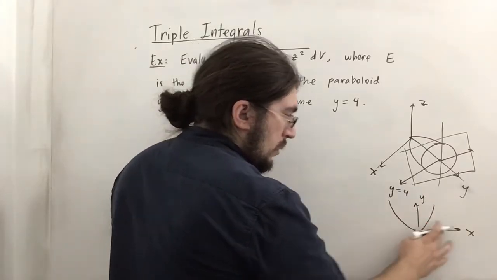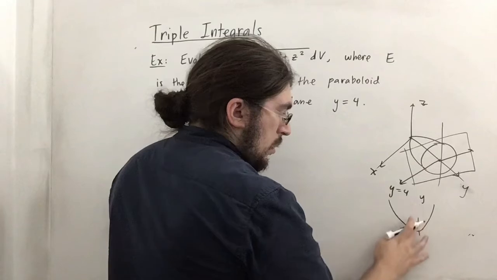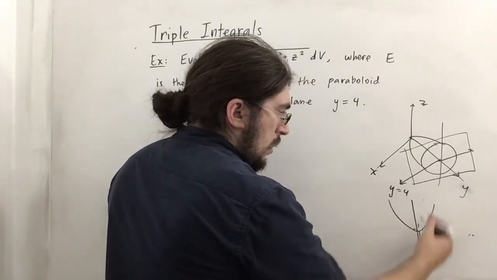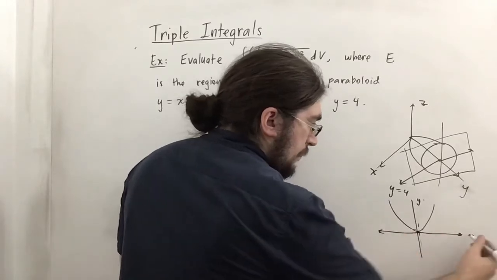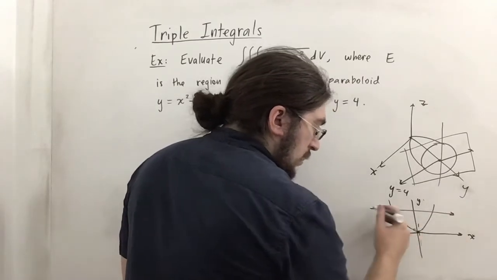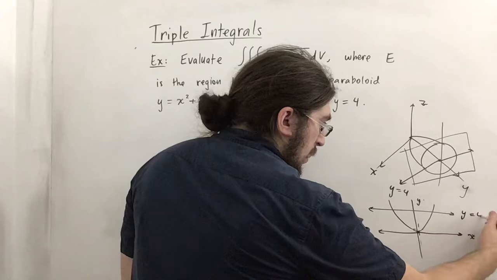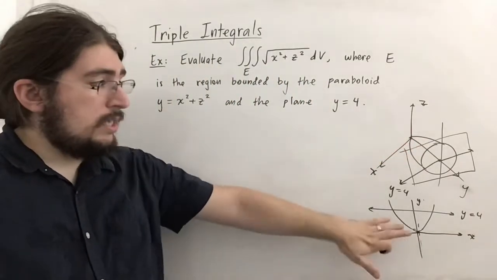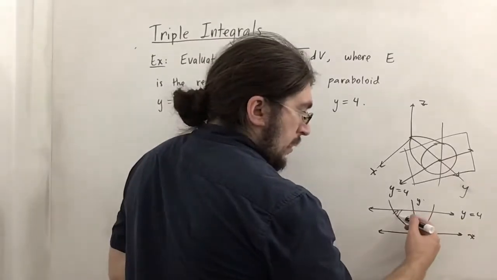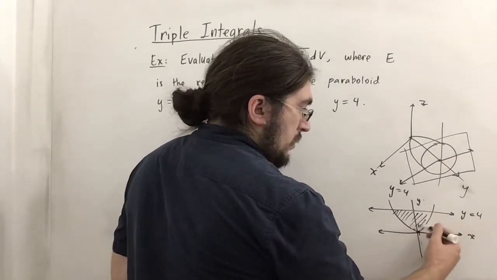Let me draw that a little more centered. We have x, y, and this line y equals 4. This is the projection of this three-dimensional object E onto the xy plane, and we end up getting this being our domain in 2 dimensions.